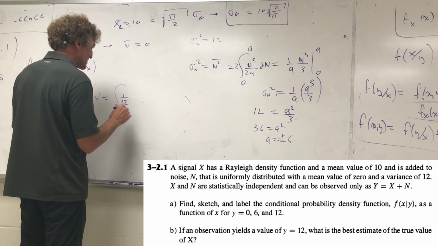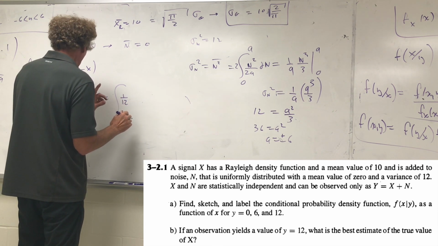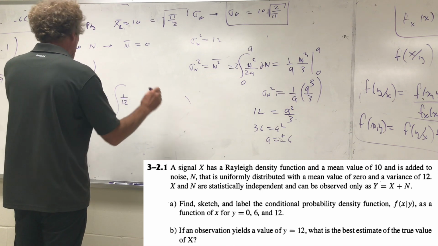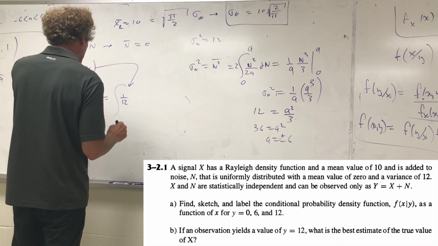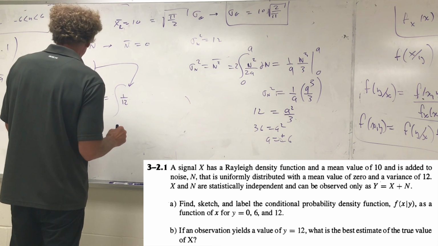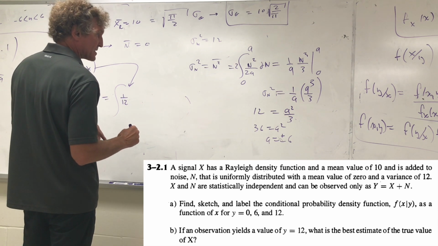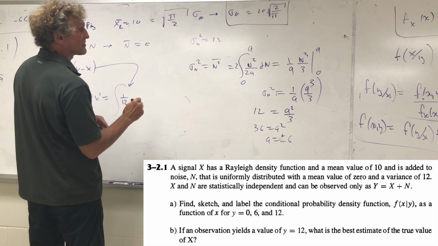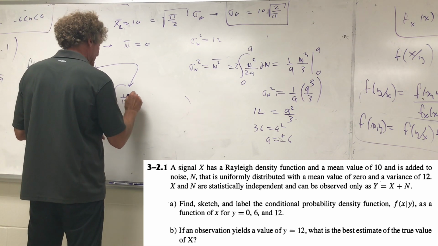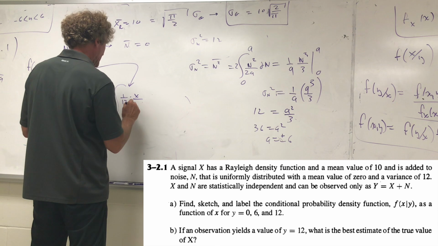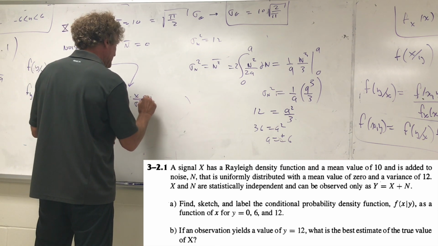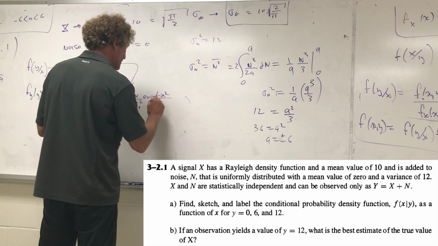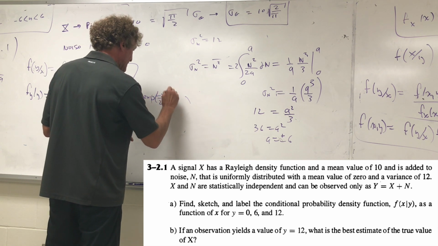I've got to put the limits on here in a second. I'm putting this in here, and the limits are going to be determined in a second. So that's f of y given x times f of x, and then f of x is that one, so it's times x over sigma Gaussian squared exp to the minus x squared over 2 sigma Gaussian squared.